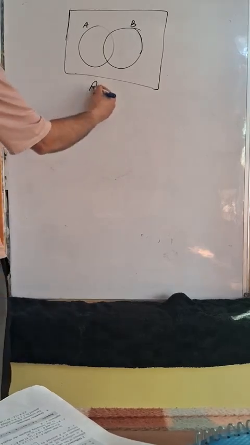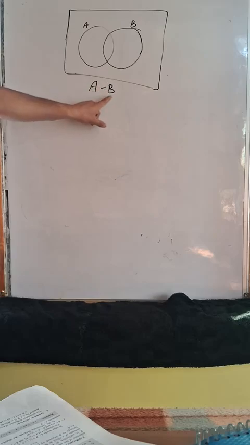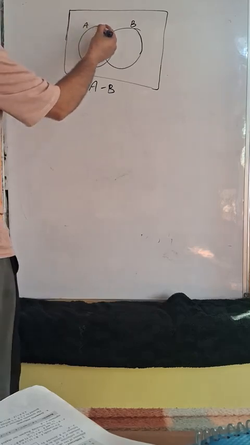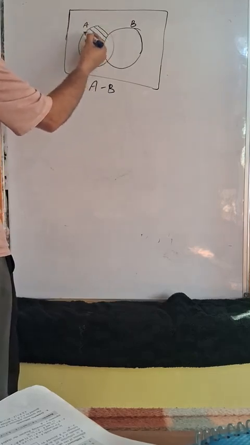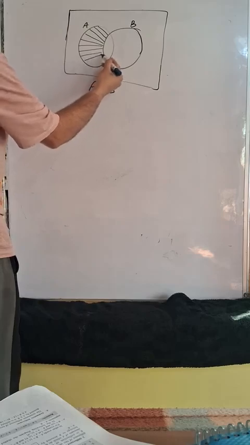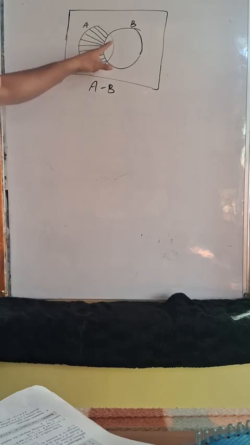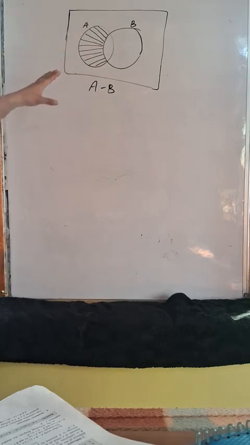So if we have to write A minus B, it is the collection of those elements of A which do not belong to B. That is, there is no intersection between A and B. So this will be the diagram of A minus B. See, we are considering only the elements of A that do not belong to B because this portion is common, so we have to erase it. It will be the difference of two sets.